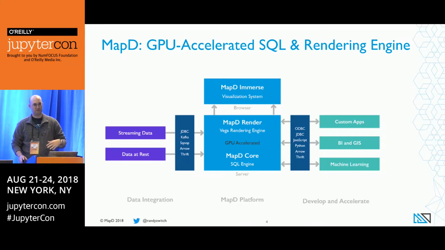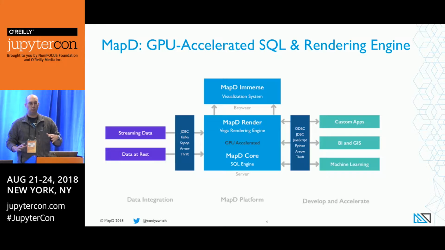And then MapD fits really well in the middle area of, you have a data set, it may be too large to do on your local computer. It may be too large to do easily with a Pandas DataFrame or the standard methods that you're used to. MapD itself is a database, a SQL engine, but it's much more than that.